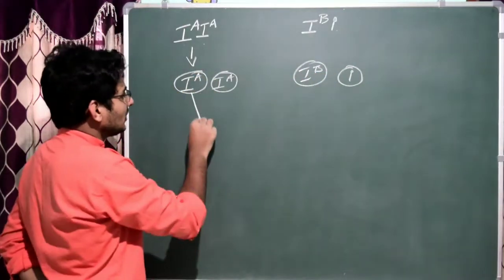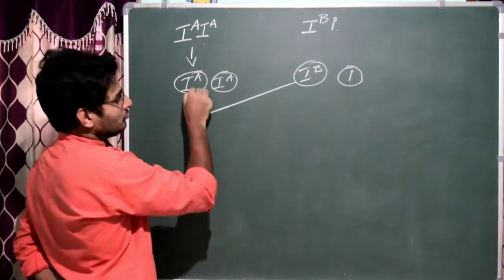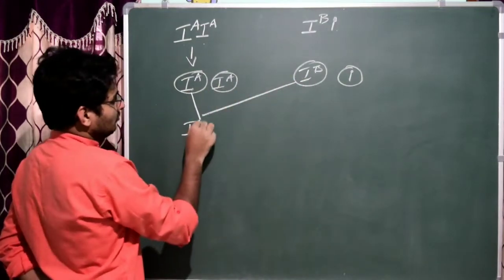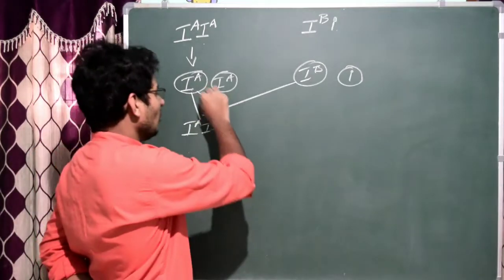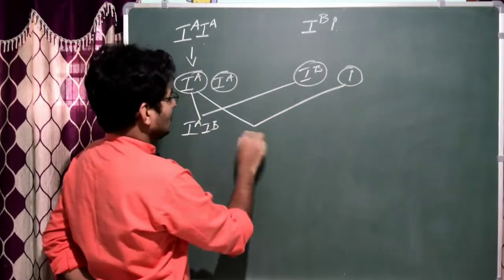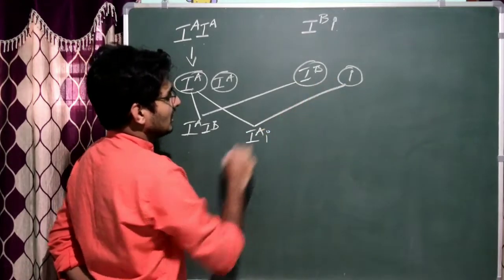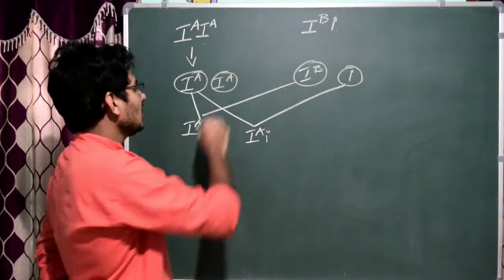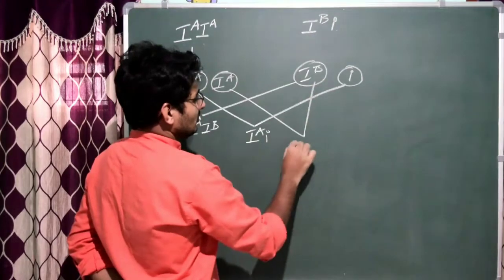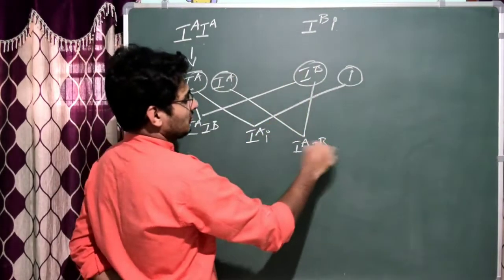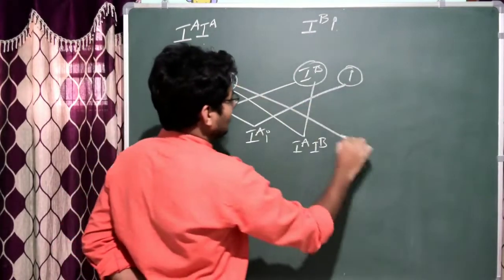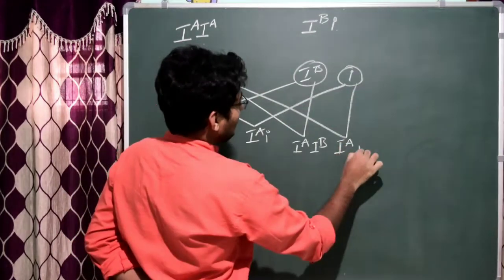What if this fuses with this, we get heterozygous IA IB. What if this fuses with this, we get IA, small i. Again, what if this gamete fuses with this, we get AB. Then A and small i.